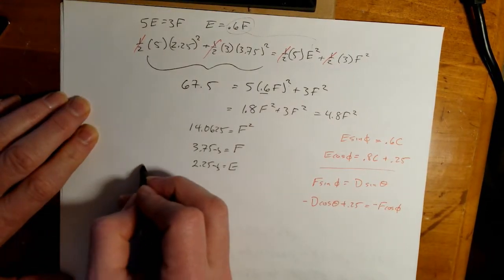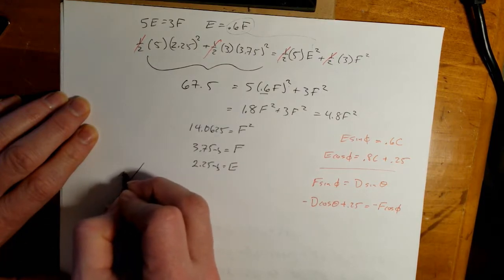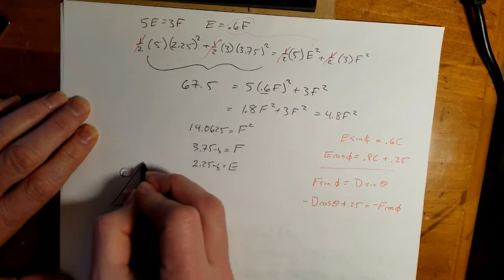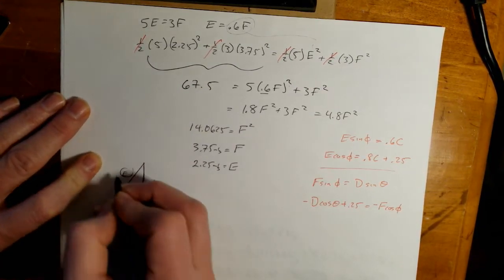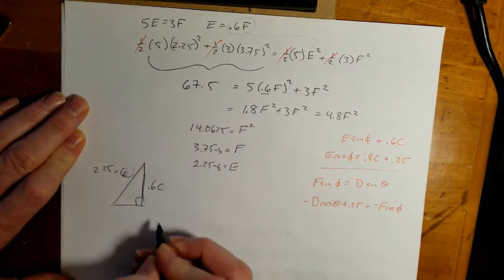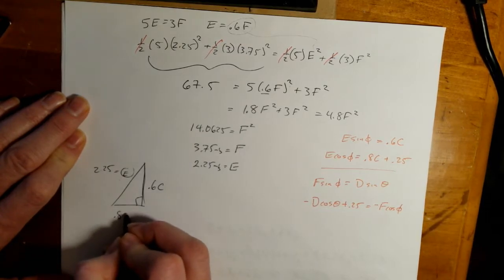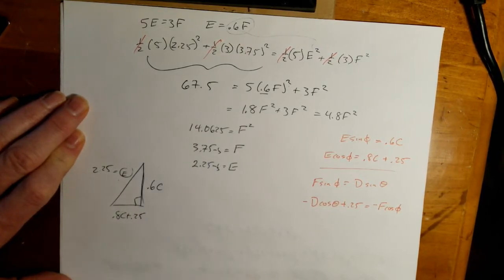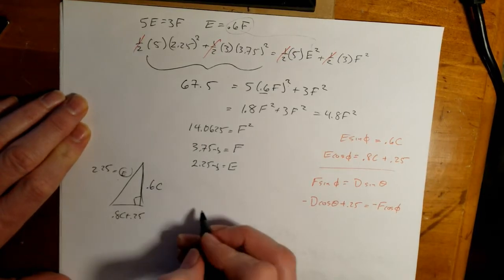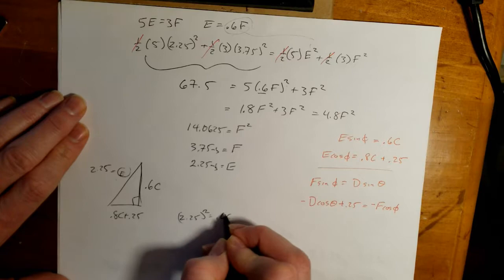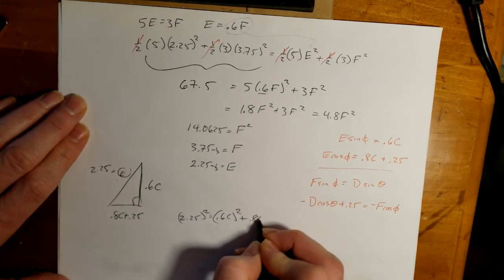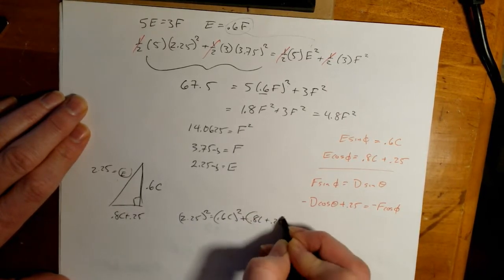If I'm looking at my triangle here, let's take a look at the E triangle. I now know what my hypotenuse is. I know this is 0.6c, I know this is 2.25, and I know this is 0.8c plus 0.25. Well, Pythagorean theorem: 2.25 squared is equal to 0.6c squared plus 0.8c plus 0.25 squared.